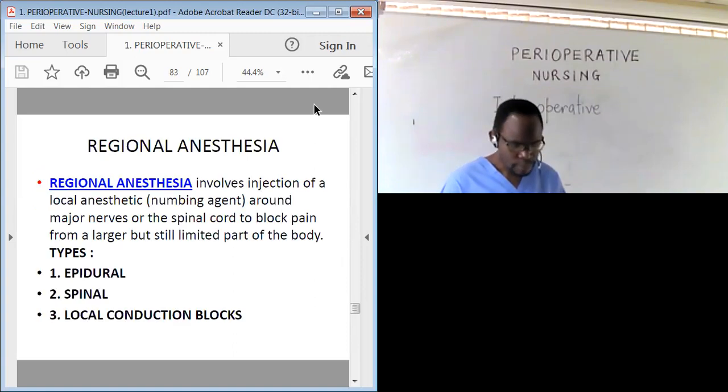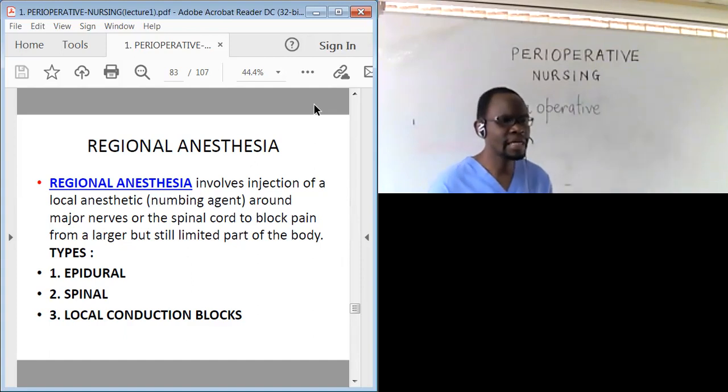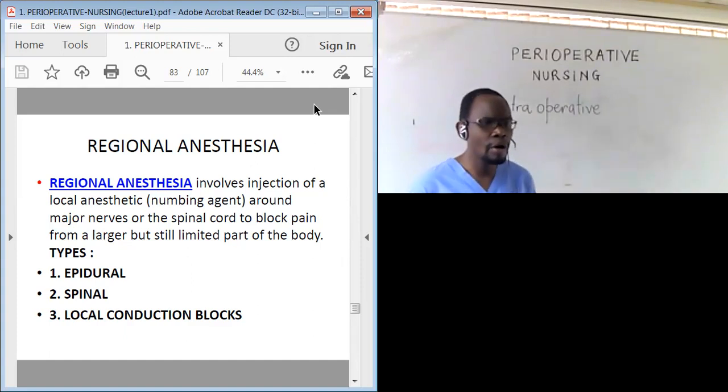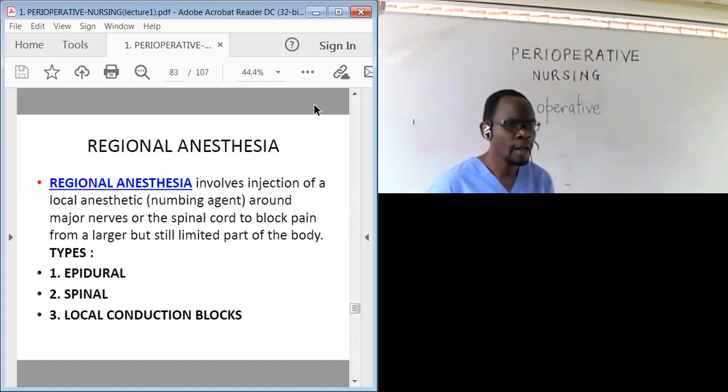Now, the other type of anesthesia is regional, and regional basically involves injection of a local anesthetic numbing agent along or around the major nerves or the spinal cord to block. You have seen these.